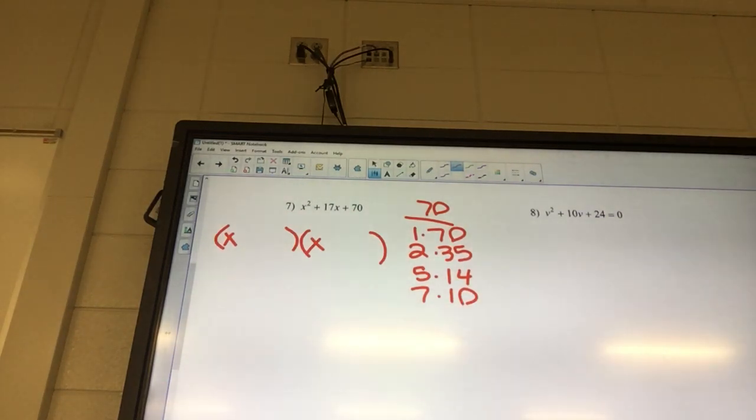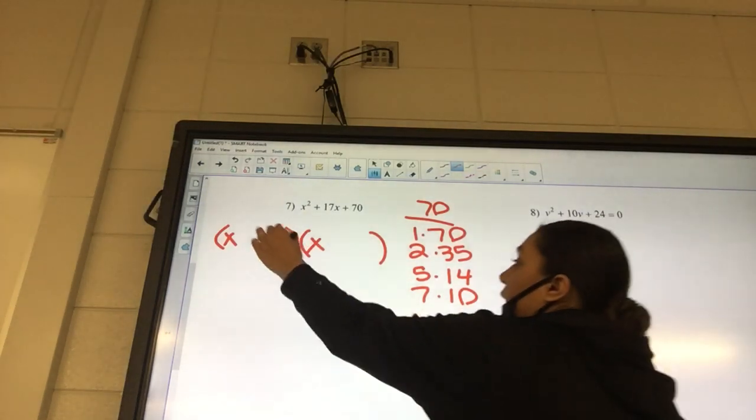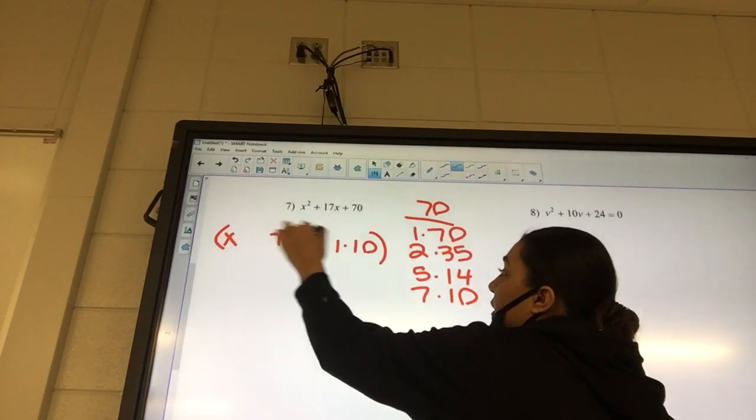We need something to add or subtract to give us 17. Plus 7 plus 10. We need a 10 and a 7, and they both have to be plus, because it's a plus 17.